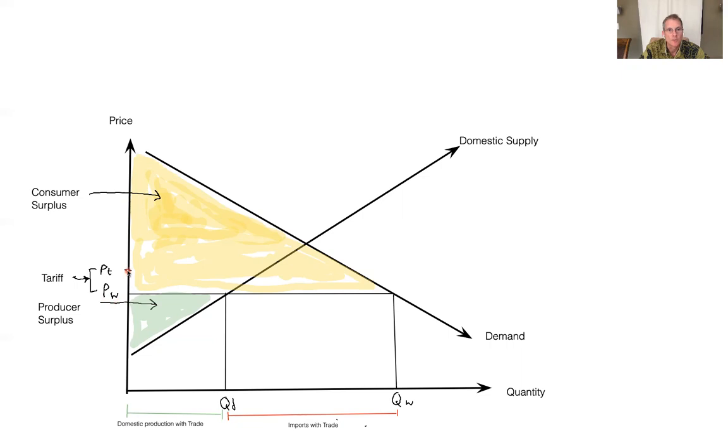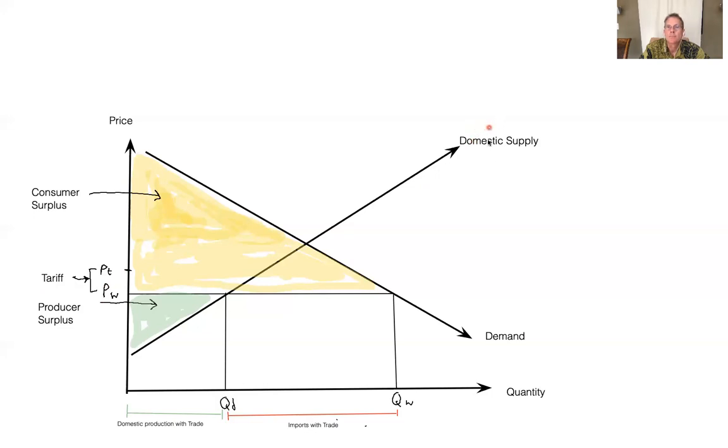So in order to sell the tofu, the price needs to rise to 175. So what happens then is that the price increases from the world price to the world price plus the amount of the tariff. So this will become your new price line or price point.